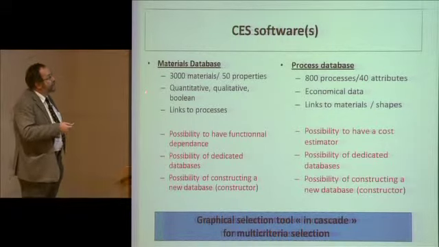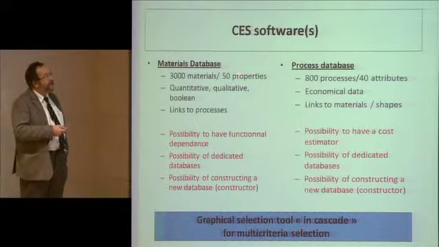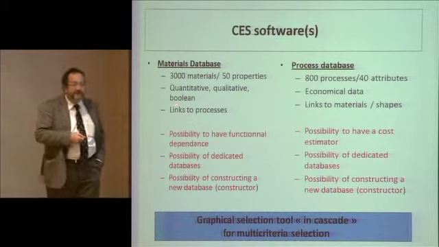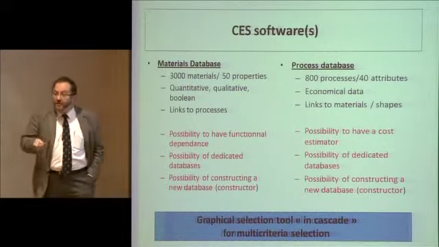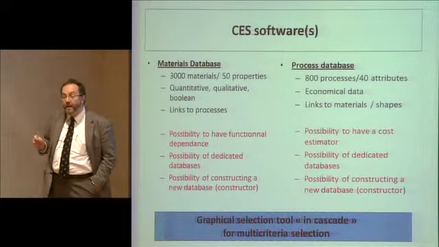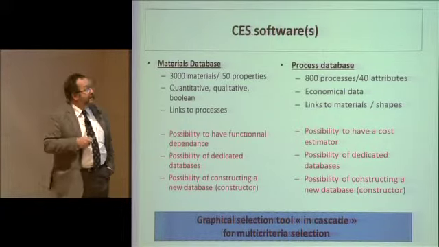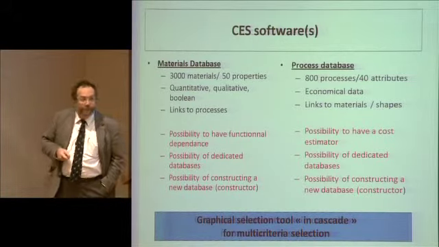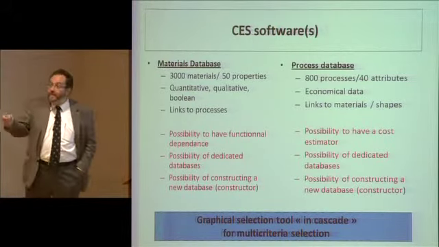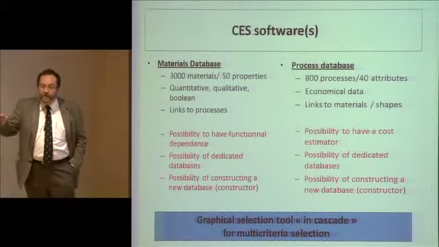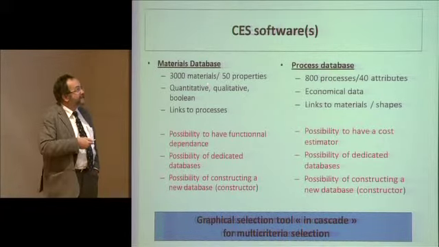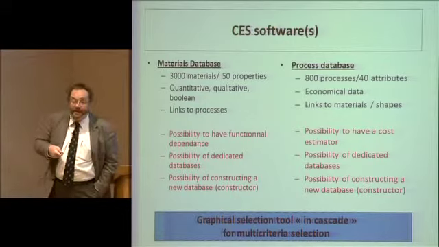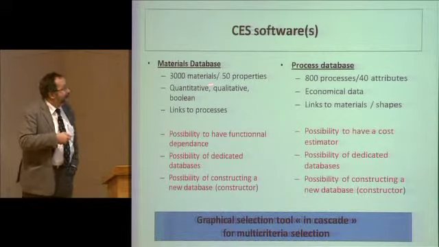CES software includes around 3,000 materials, around 50 properties, quantitative, qualitative, or Boolean, with an acceptability range. Qualitative will be: it withstands well, not very well, not so well, not well at all in salt water, and Boolean will be: I know how to solder it or I don't know how to solder it.